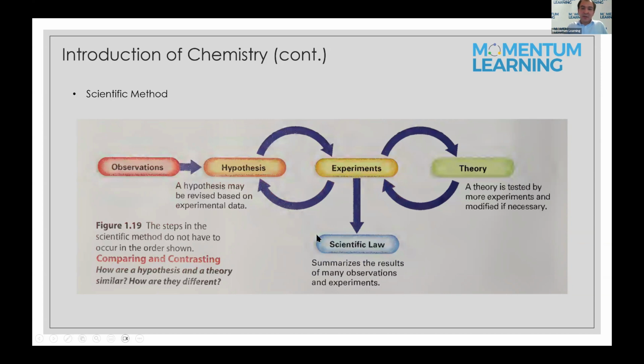For a scientific law, you don't have to explain something. You observe. So if you have an apple in your hand, and you just leave it alone, it will drop. Well, that's gravitational force.